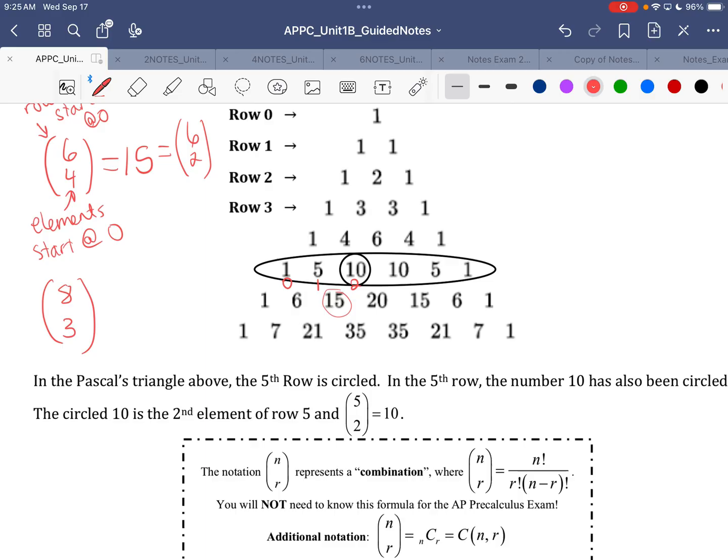You could be writing on a piece of paper. So when we create the 8th row, we only have to go to the 0, 1, 2, 3, the 3rd term. But we could do the whole row just so you know how it's made.